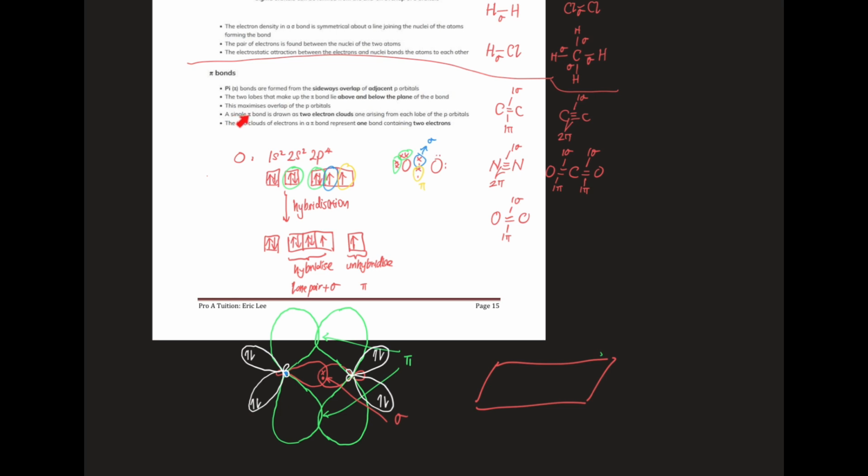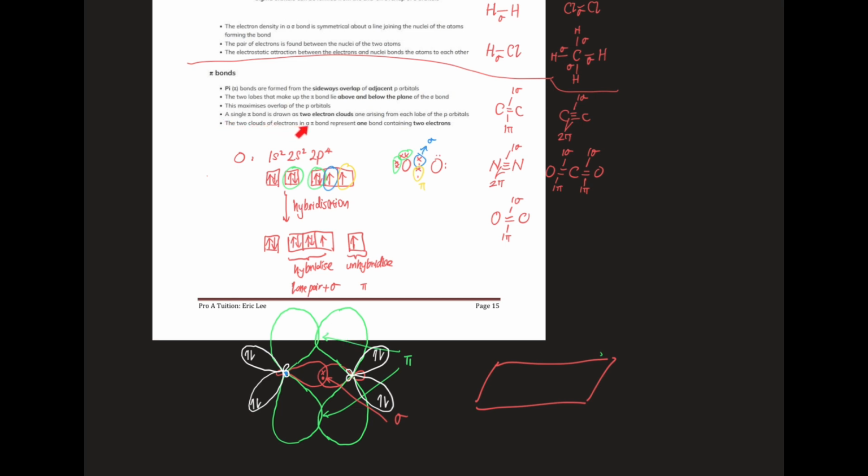A single pi bond is drawn as two electron clouds, one arising from each lobe of the p orbital. So this is one lobe, this is also one lobe. So there are two electron clouds. This is one electron cloud, this is the second electron cloud.